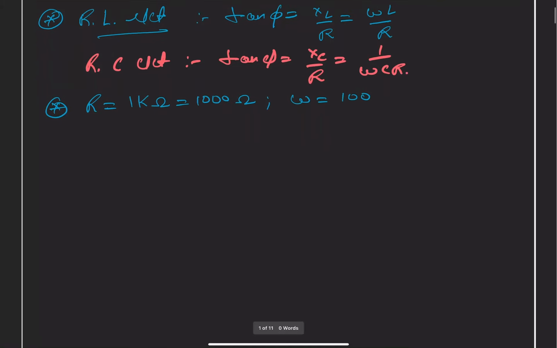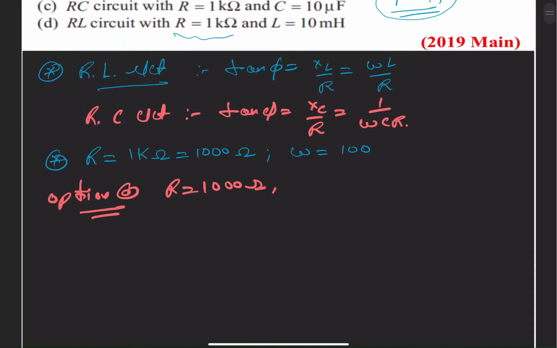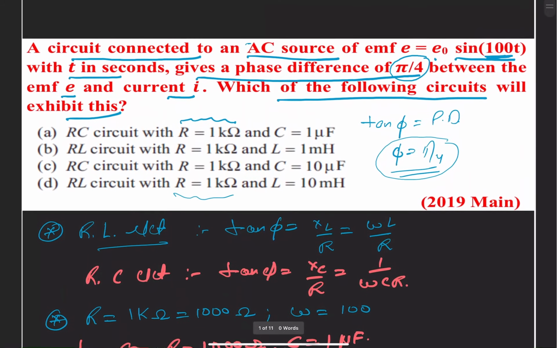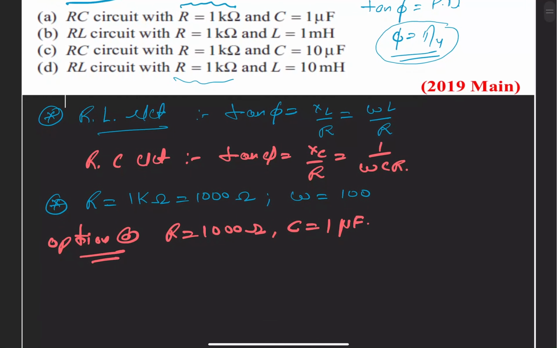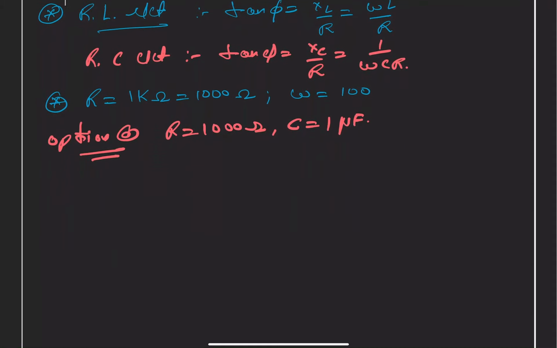So let us take option number 1, or option A rather. In option A, the value of R is 1000 ohm, and we are given a capacitance of 1 microfarad. We can find the phase difference.